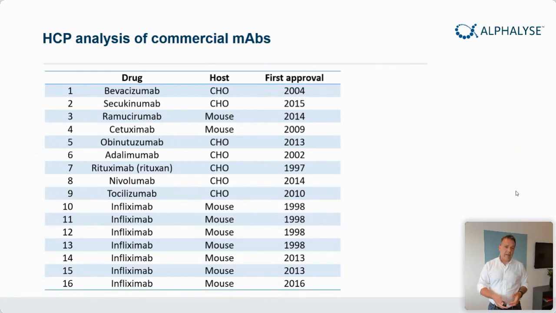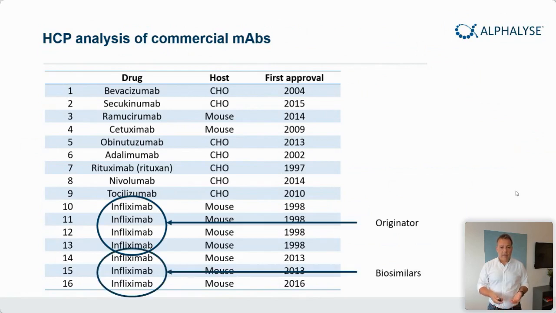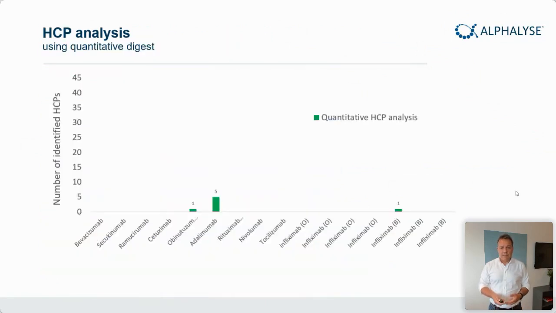So there are different drugs, and also 4 batches of the same originator drug and 3 biosimilars for the same drug. So we compare between different drugs and also look at batch to batch variation. Then we applied these 2 methods that I just showed you, the quantitative and the native digest.